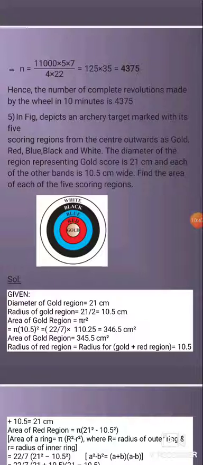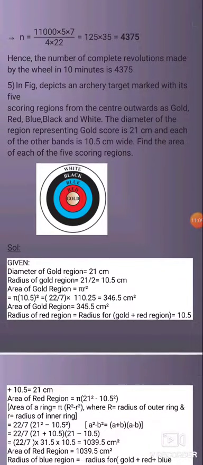Now listen carefully to the step. The area of the ring is equal to pi into capital R square minus small r square. We know that equation, where R is the radius of the outer ring and small r is the radius of the inner ring, which is equal to 22 by 7 into 21 square minus 10.5 the whole square. We can apply a square minus b square also.